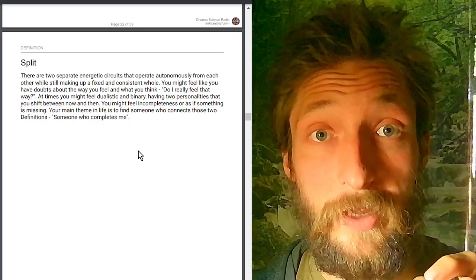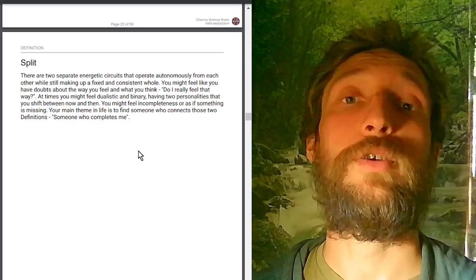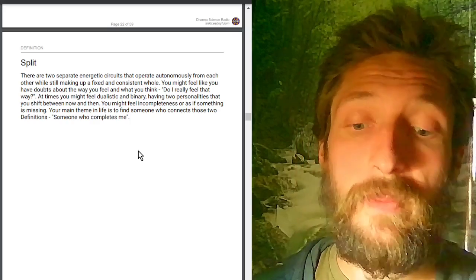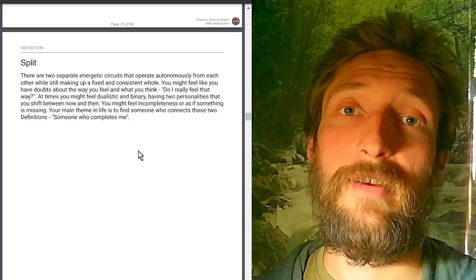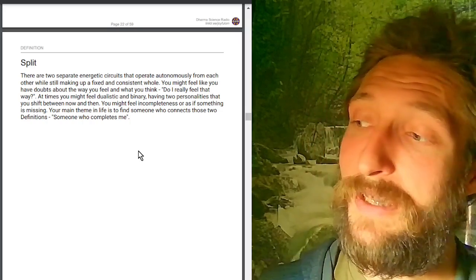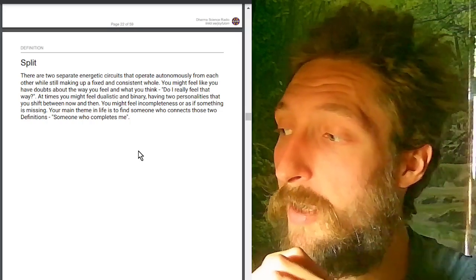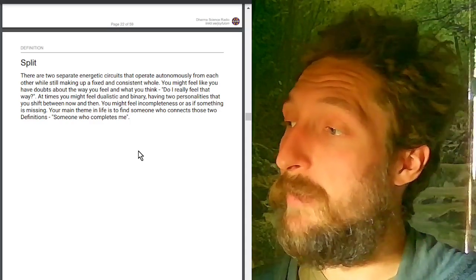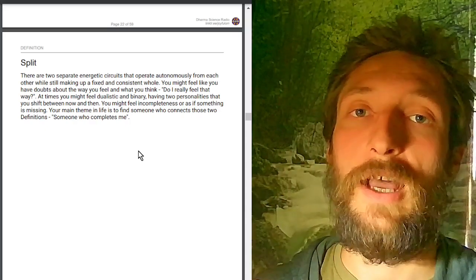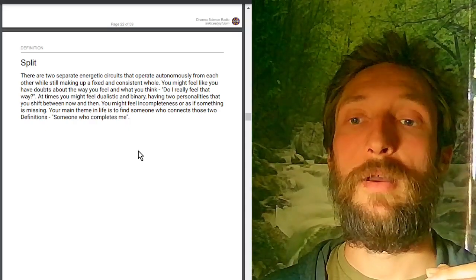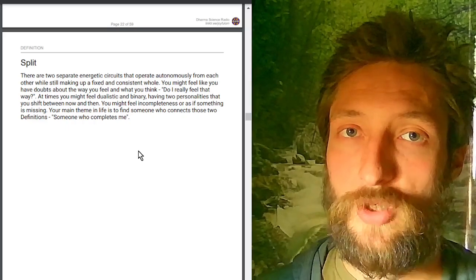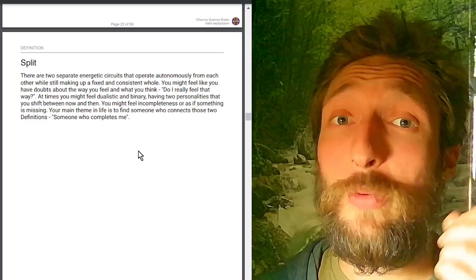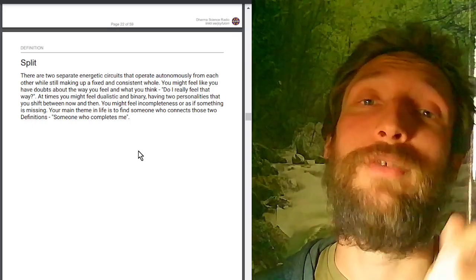However, if I or anybody else is trusting my inner authority and type strategy to make decisions, then there can be a person on the other side who can not simply complete me, who can assist my life in a way that I assist their life, and neither of our lives are detracted from by the interaction, to where we really find a mutual beneficiality, or a win-win-win, a win for all involved.